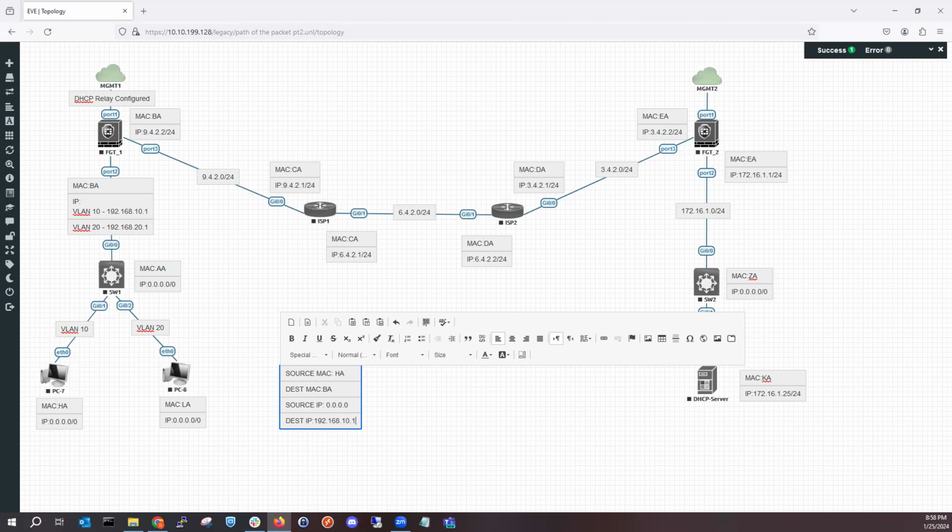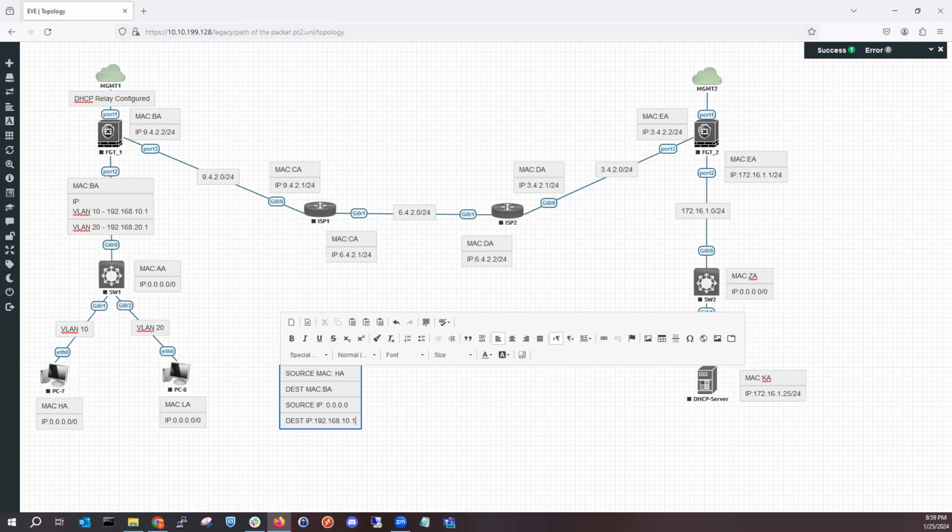Yeah. But you just told me it's a broadcast. So is it only one packet, one frame that's traversing that switch, or is it two or three?